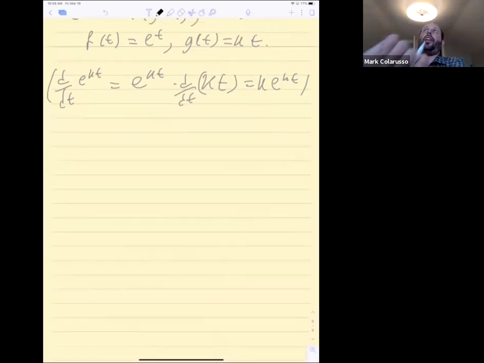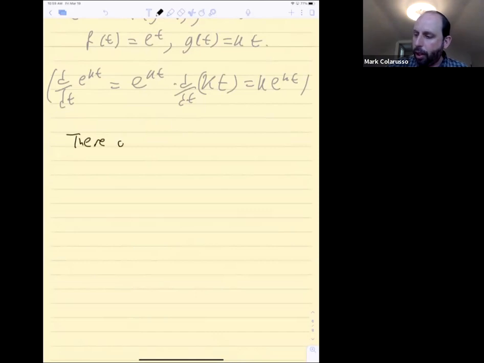So there are, broadly speaking, two cases to consider for these exponential functions of this form c e to the kt. And the two cases mirror the two examples that I did for you a moment ago.